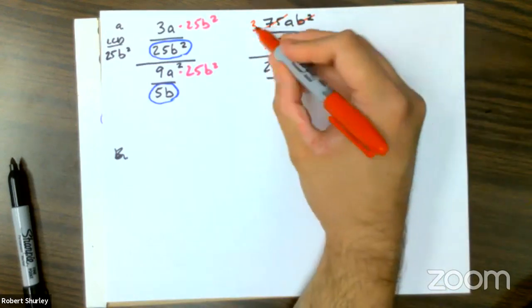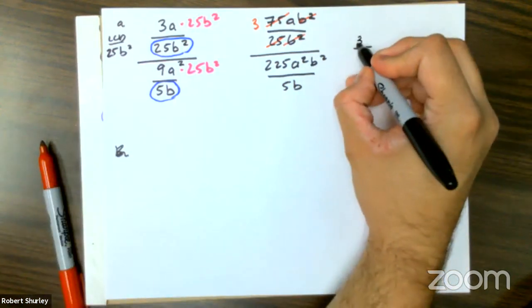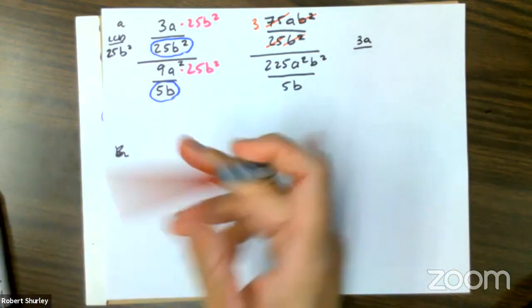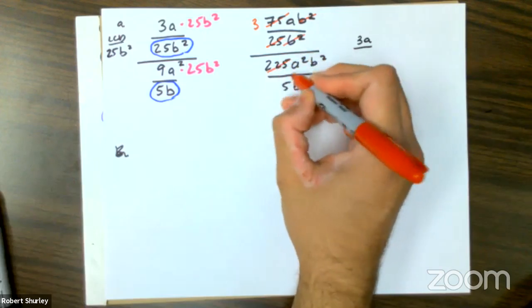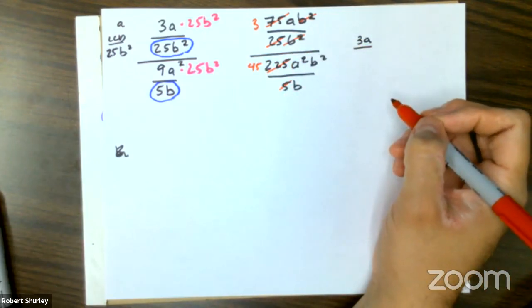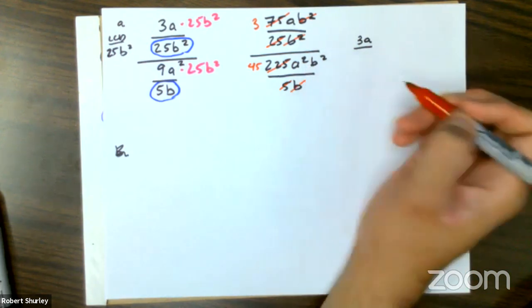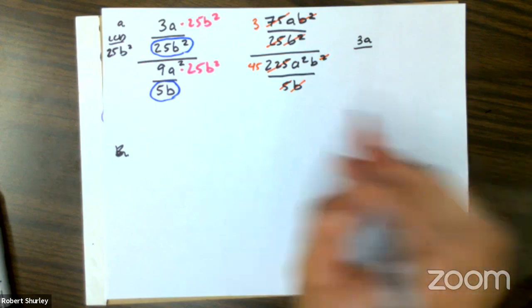So I'm left with 3a up top. So I'm going to write that down. 3a up top. Down here, though, 225 divided by 5 is going to give me 45. Okay? And then one of these b's cancels with one of the two b's up top.